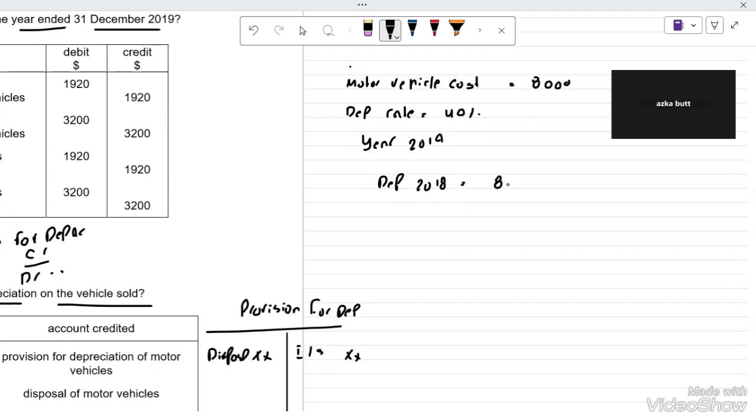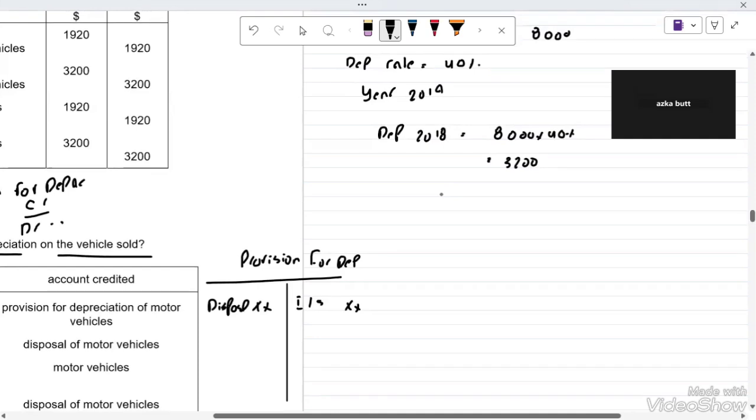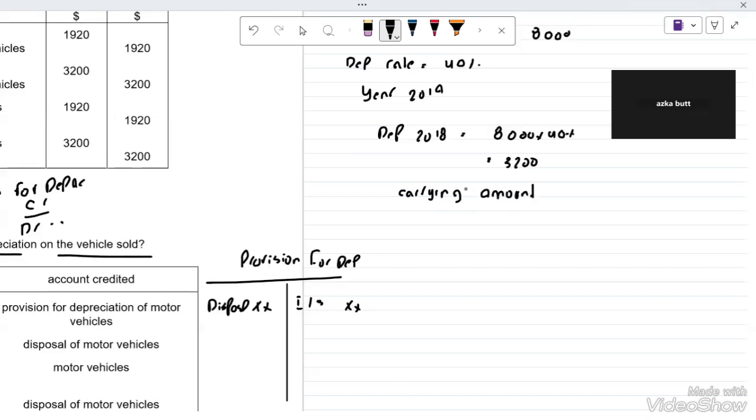At the start of the year, we apply 40% on $8,000, and this gives you 3,200. So the carrying amount at the start of year 2 will be 8,000 minus 3,200, which is equal to 4,800. So this is the carrying amount.